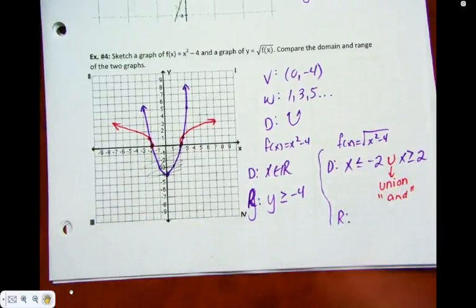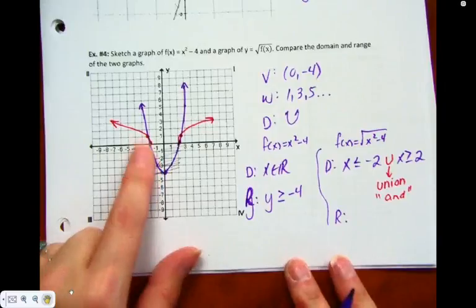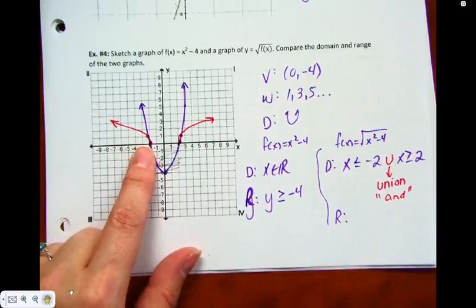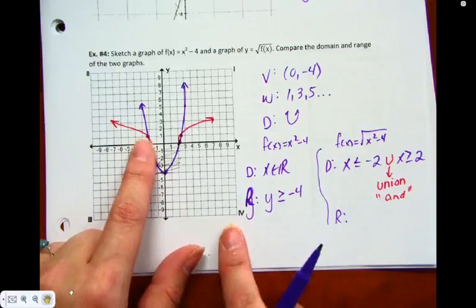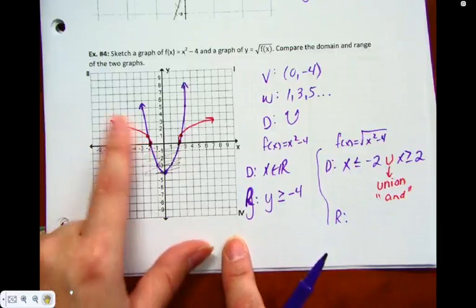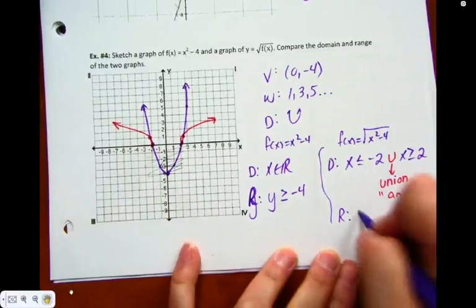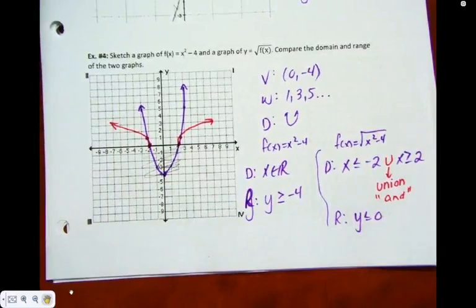Range again, I'll do separately, so just look at the left one first. What's the lowest value? Zero. What's the highest value? So y is less than or equal to 0. Greater than or equal to 0.